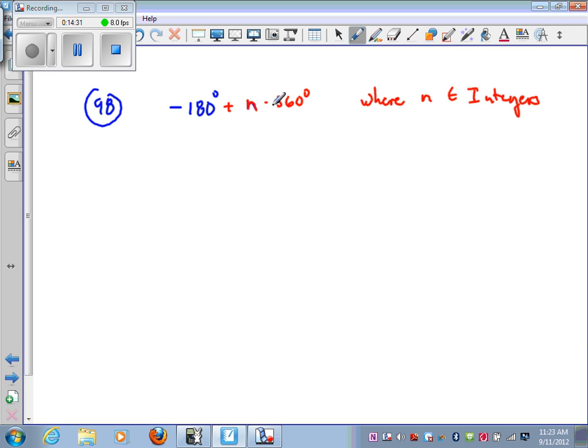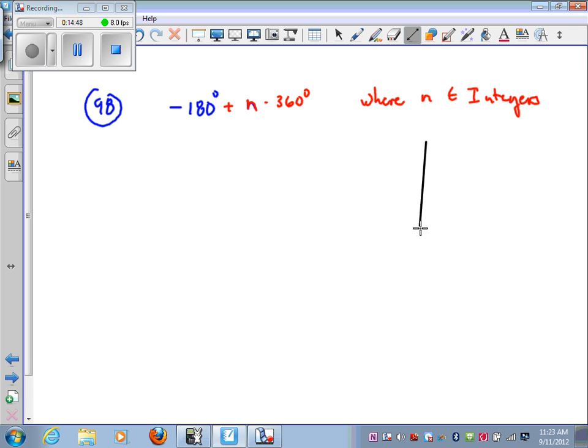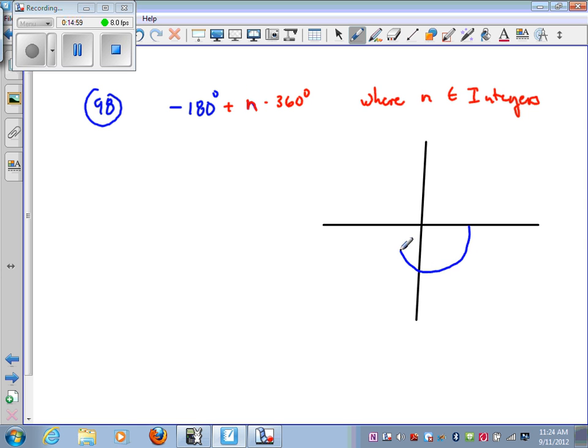And it's saying coterminal to this minus 180. So if n was 0, it would be just this angle. If this were a positive one, then it rotated one rotation away. Let's just take a look at this. The angle that I got is a negative 180. Now, if I go 0 times this, then it's just this angle right here.